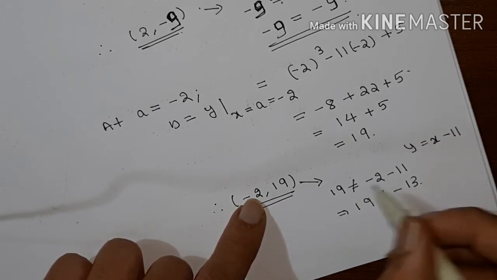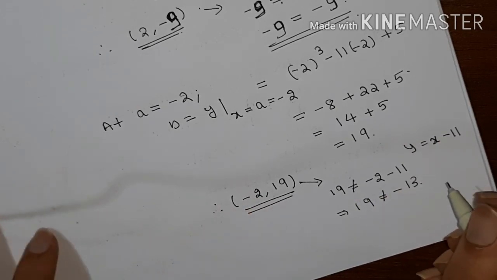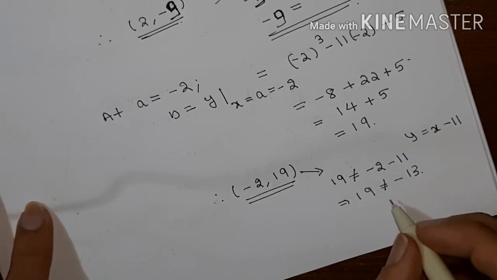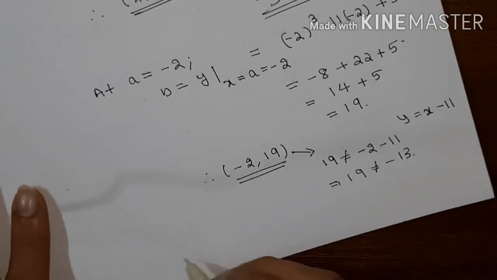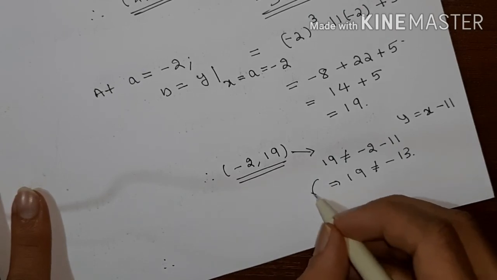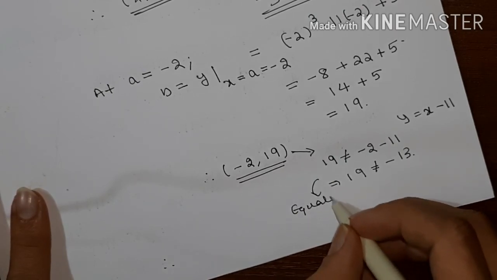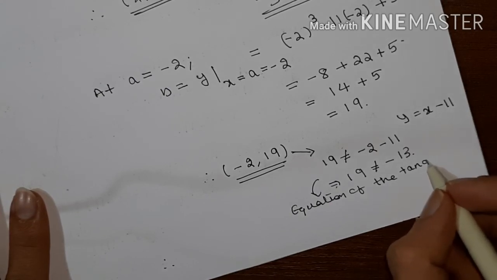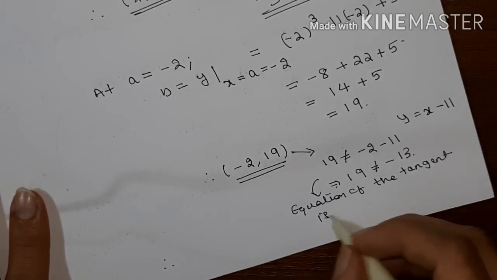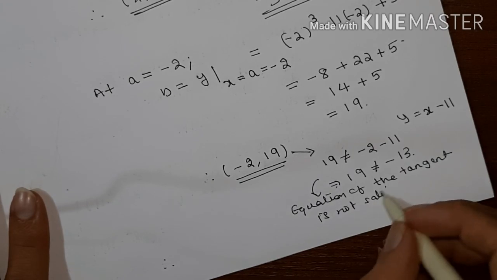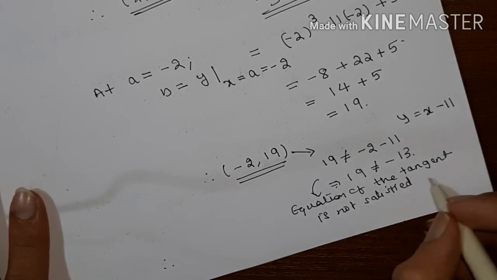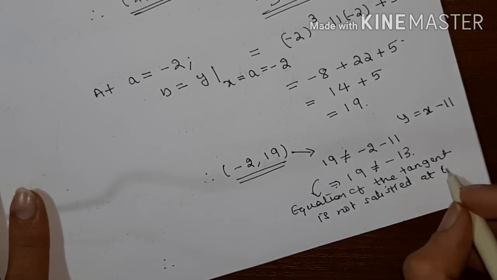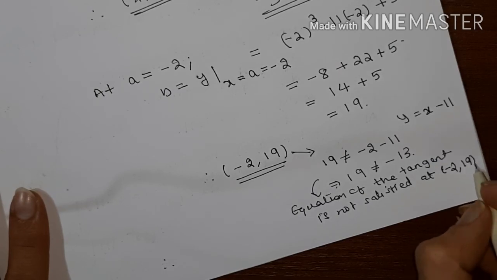So 19 is not equal to minus 13. The equation of the tangent is not satisfied at (minus 2, 19).